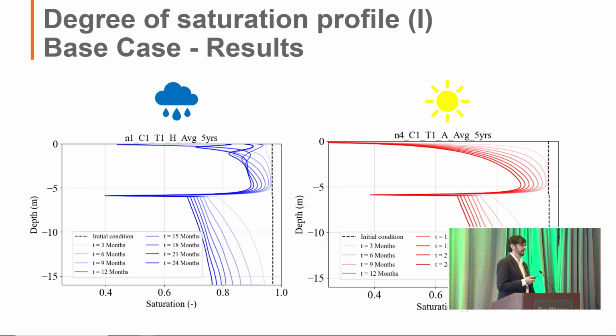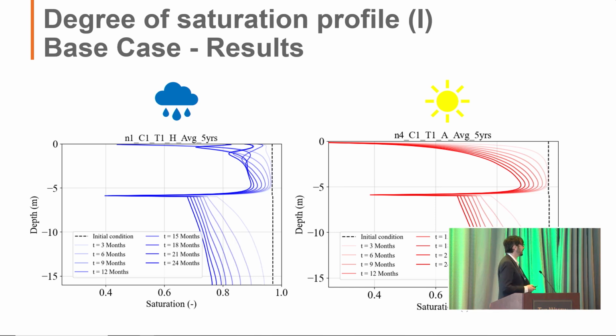We have as an x-axis the degree of saturation, in the y-axis the depth of our system, and the line plots, which go from light to bold, mean the advance of time, and we see how the profile changes with time. At the beginning of our simulation, we have the dashed black line, which starts from approximately 1 as a saturation.